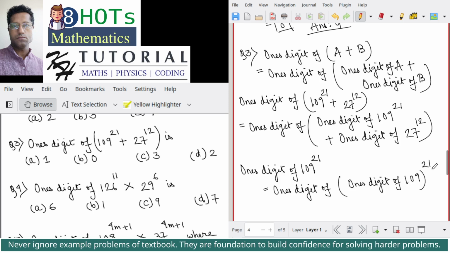The ones digit of 109 to the power 21 will be equal to the ones digit of the number, and that number is nothing but the ones digit of the base 109, that is 9, raised to the power 21.